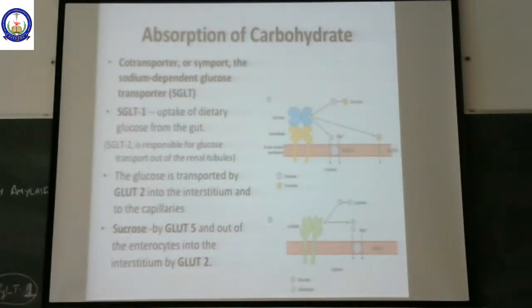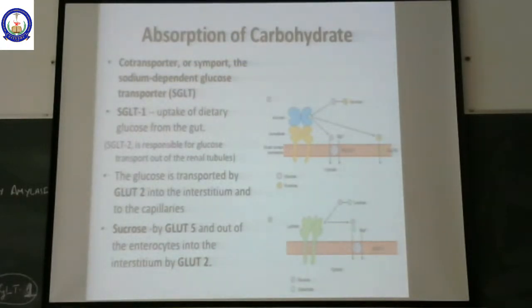When the glucose binds to the binding site on this carrier protein, it will not get activated. For its activation, the sodium has to bind to another binding site of the carrier protein. Only when both sodium and glucose bind to this carrier protein will it get activated. So there is a conformational change in the carrier protein, and it pushes the glucose inside the epithelial cell, and it will also push the sodium inside the enterocyte.